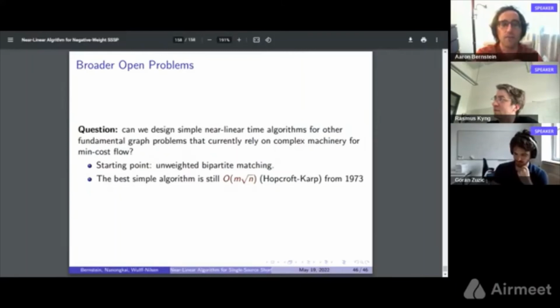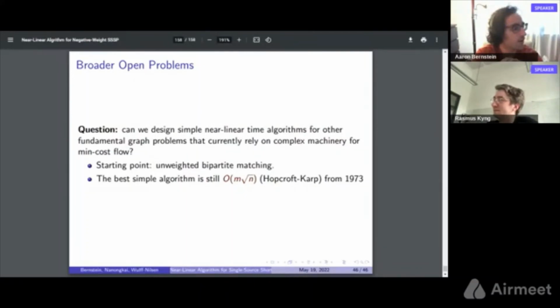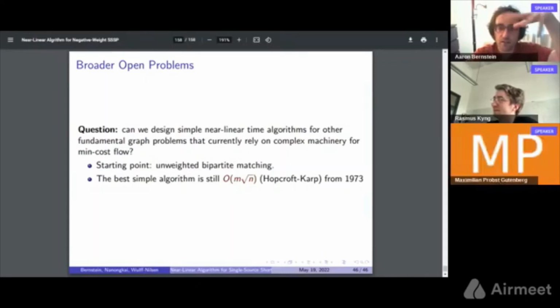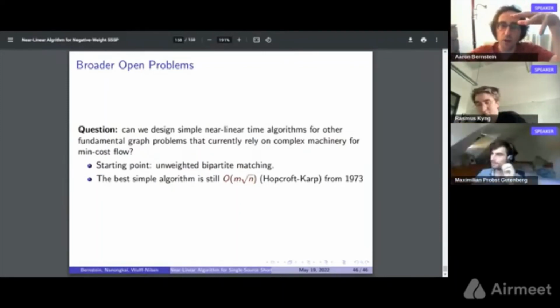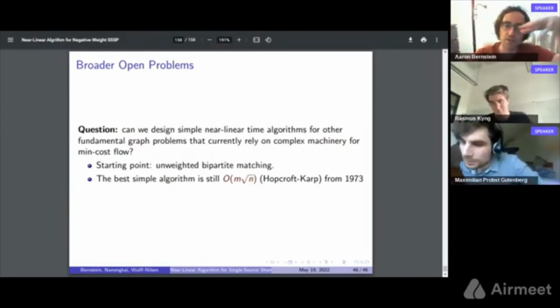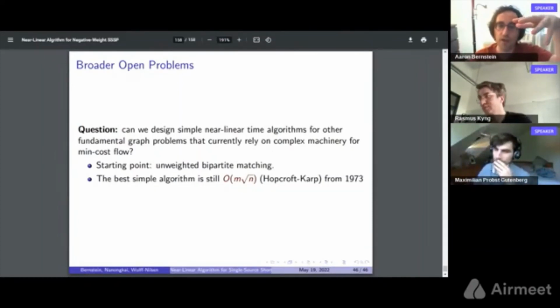What that algorithm did, I'm trying to think how to explain this in a not too technical way, is it picked the source, and then to get this ball of small SCC, it would try to prune away everything around it, and it would actually use a dynamic subroutine to do that. It would prune some things away, and that might change distances from the source a little bit, but that would all be kept track of by a dynamic algorithm.